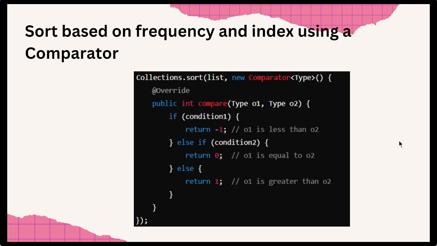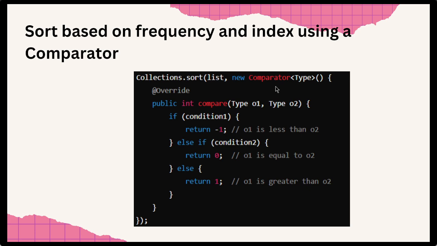For that, I'm going to use collections.sort. This is the syntax I'm going to be using. This is going to get the list as the argument, which is going to be sorted. Actually, tim sort is performed in this sorting function, and it will also take a comparator object. Comparator is actually an interface.